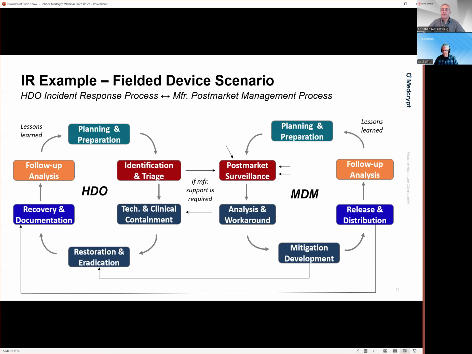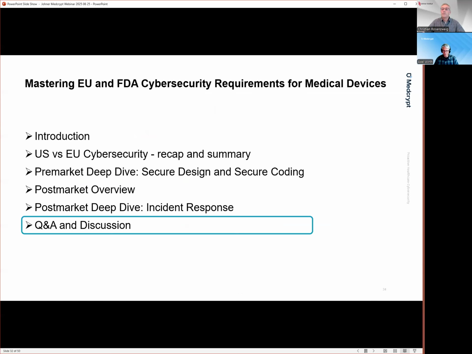And of course, depending on what your analysis shows, this incident may be limited to one customer, but could affect other customers as well. And at that point, that may require disclosure across your customer base, because, again, others may be also at risk of being impacted by that incident.